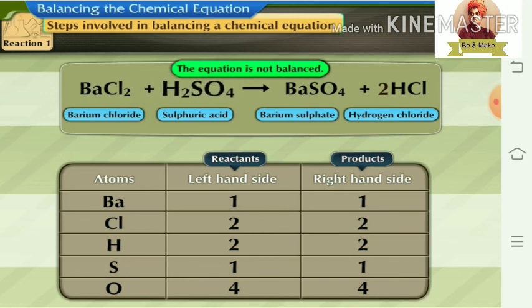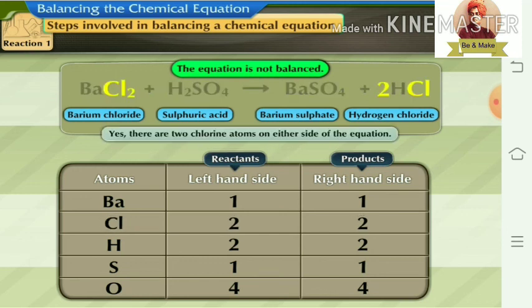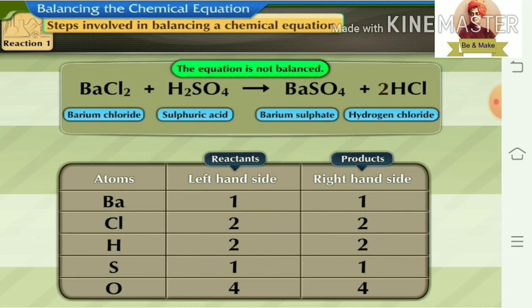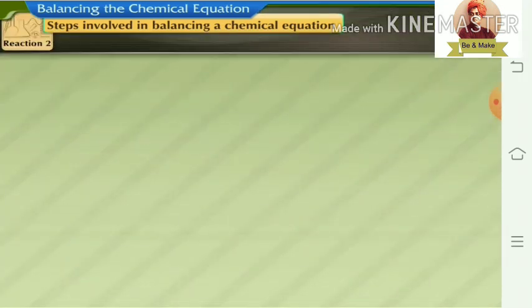Now we have to go for the next step and check the number of atoms at both sides. Now check it again. Which atom is not balanced here? So chlorine atoms, these are 2, 2, hydrogen 2, 2, sulfur 1, 1, oxygen 4, 4. Thus all the atoms are balanced in the given chemical reaction. Here we can say that the equation is balanced, but we have to make it more informative by adding their physical states.